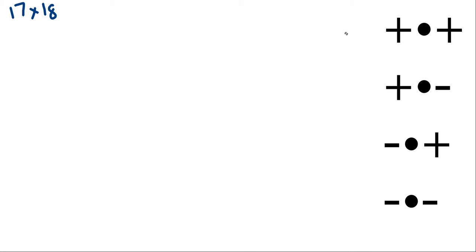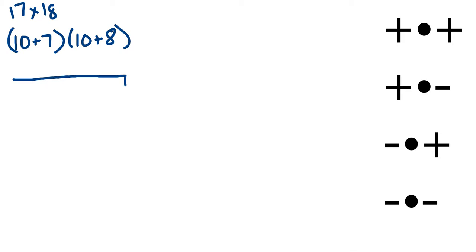So, remember our problem is 17 times 18. We want to make them both positive numbers. So the clear choice would be to go 10 plus 7 times 10 plus 8. We're going to have positive in all situations. Let's go draw this out real quick. Area, geometrically, as we've been doing just before.